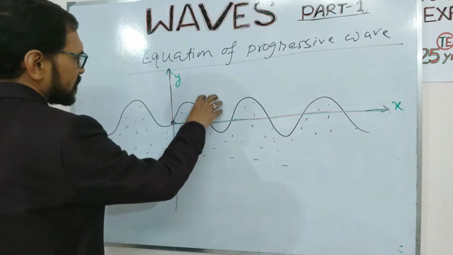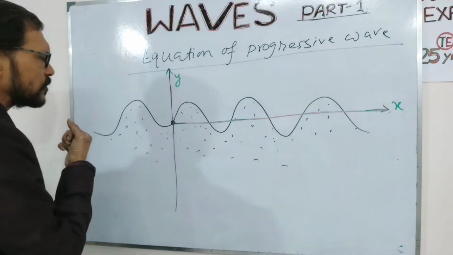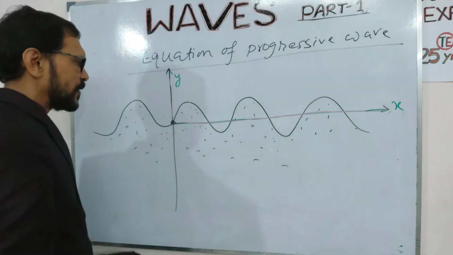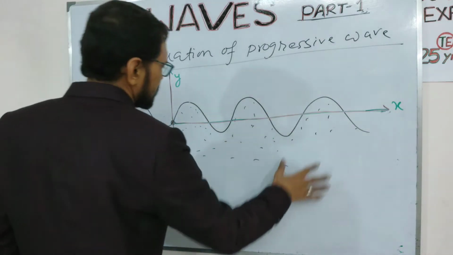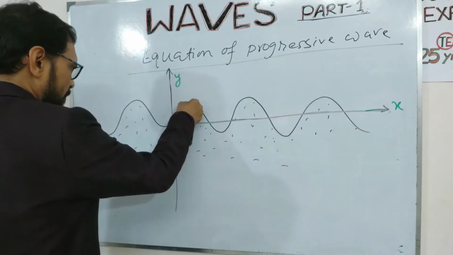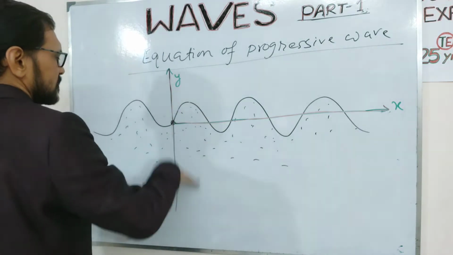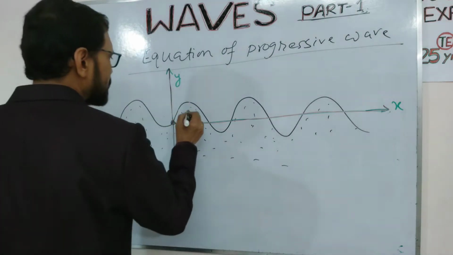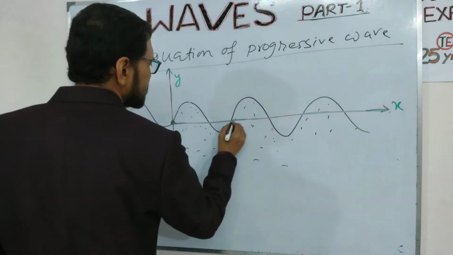This is the picture at one instant. If we take a photo of the waves, then we get this. But after some time this figure will change. This will come down and this will move upward in this way. So every particle oscillates about the mean position. This is the mean position.